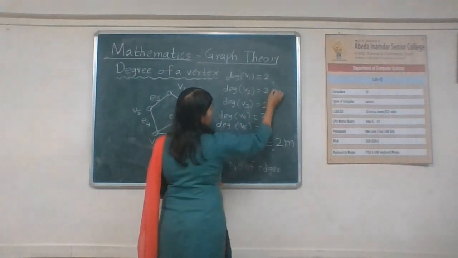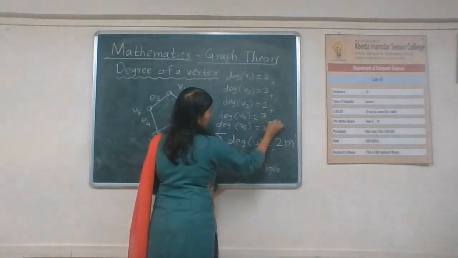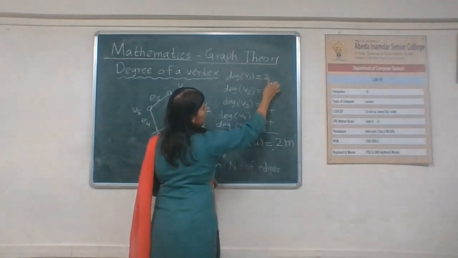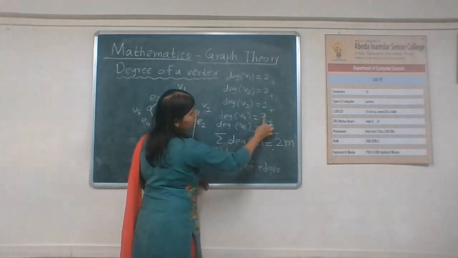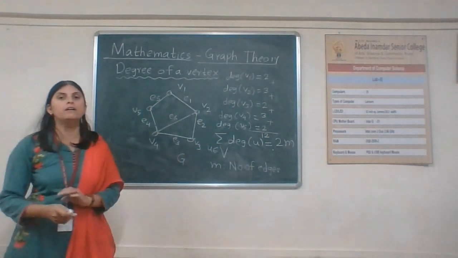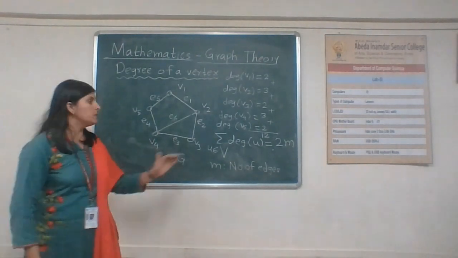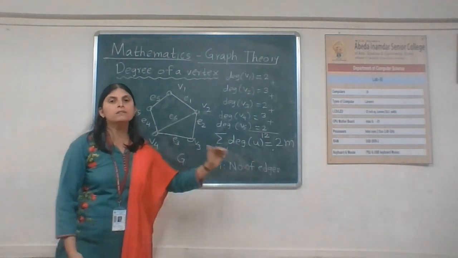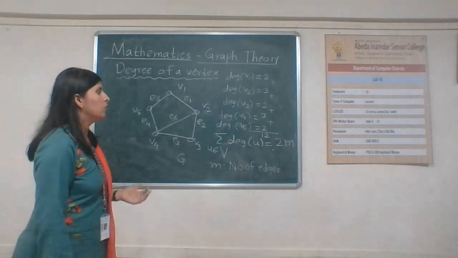So 2 plus 3 plus 2 plus 3 plus 2. What is the addition? 2 plus 3, 5 plus 2, 7 plus 3, 10 plus 2, 12. So what is my left hand side answer? Total degree of the graph, meaning the sum of degrees of all the vertices in this graph, is equal to 12.